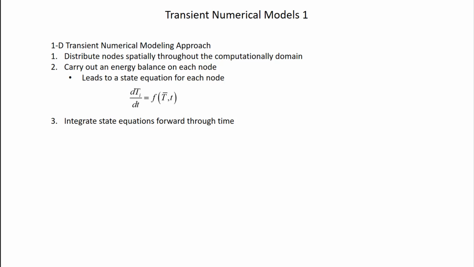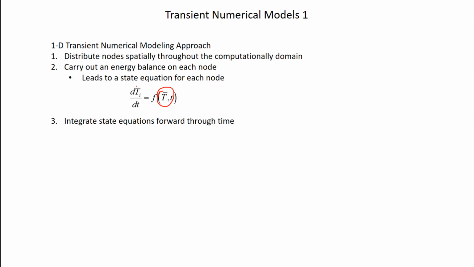What that gives you is a set of state equations. It gives you a set of equations that allow you to predict dT/dt, the rate of change of temperature with respect to time, for each node, given the temperatures of all of the other nodes. That's indicated here in this equation with T overbar, a vector of the temperature of every node, and also time.